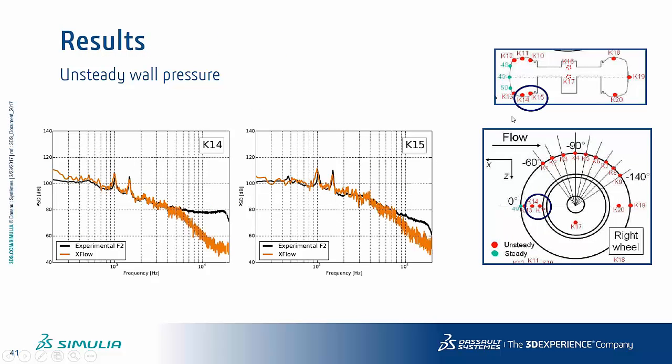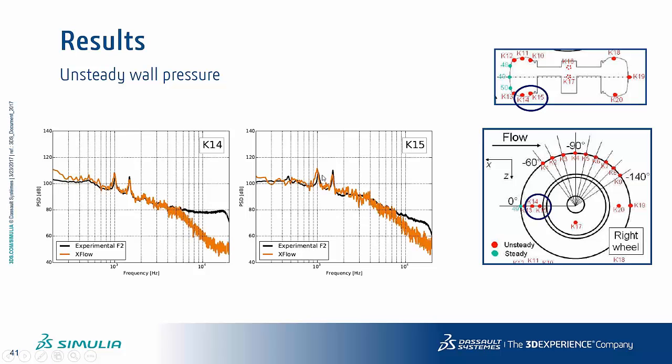Now if we look at other probes, which are K14 and K15, that's interesting. That's the in-between cavity between the two wheels. So imagine here K13, 14, and 15 are in the inner side of the two wheels. And that's where you get some resonance phenomenon occurring.